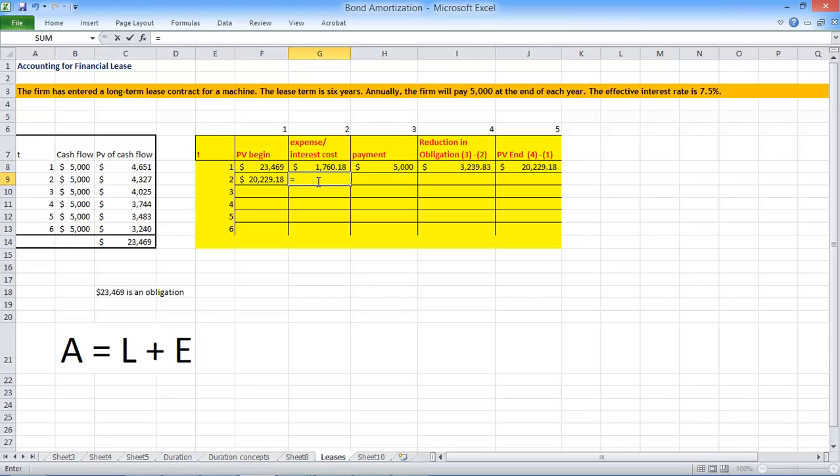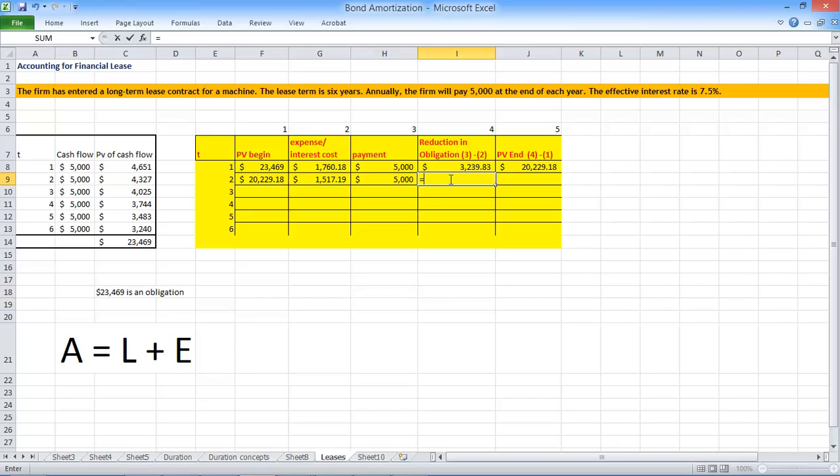Then again, we have an obligation year. We haven't paid this, so we need to pay an interest. Times, what's our interest? Is 0.075. Okay, but you're making an annual payment of 5,000.